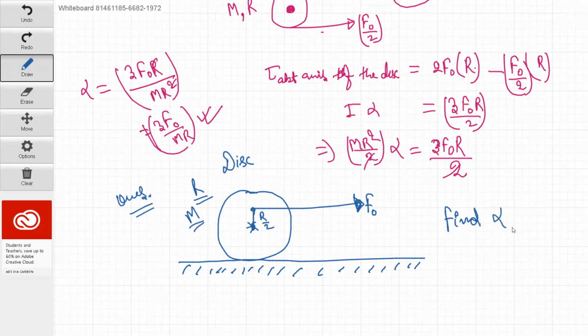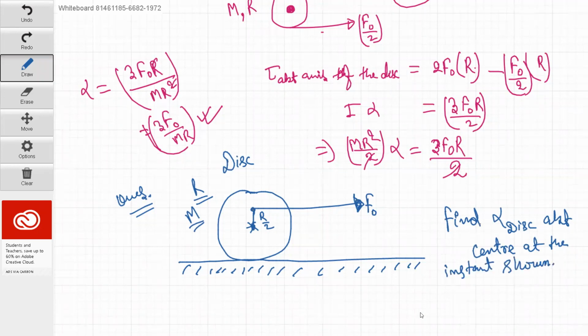Find alpha of the disk about the center at the instant shown.